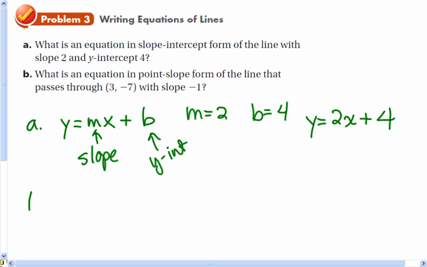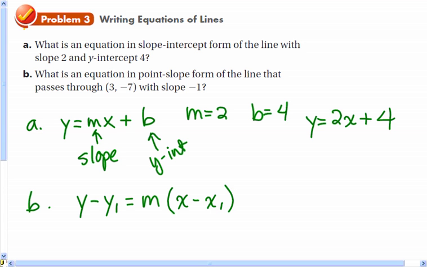For part B, what is an equation in point-slope form of the line that passes through the point (3, -7) with slope of -1? And that form is y minus y1 equals the slope times the quantity x minus x1.